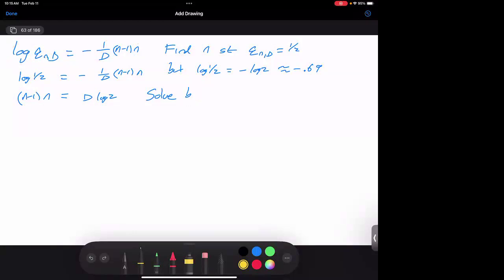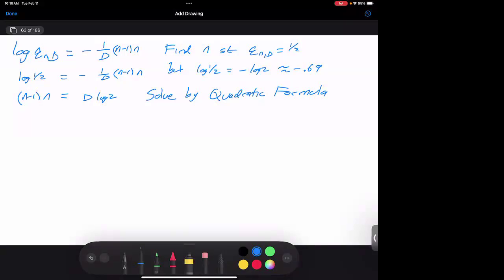So we could distribute and just solve algebraically. And what's the method you would use to solve that? Called the quadratic equation. Right, the quadratic formula. I don't want to use the quadratic formula because that's going to involve messy square roots.